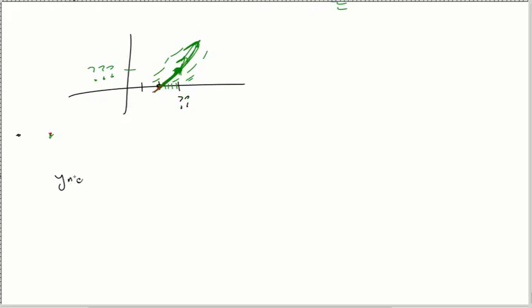I got y_{n+1} is equal to y_n plus h times y prime of (x_n, y_n). Let me give you the x formula too. x_{n+1} is equal to x_n plus h. So with these two formulas, I should be able to figure out what's going on. And this is recursive because I'm going to be taking the previous answer and plugging it in to be able to find out what's going on.